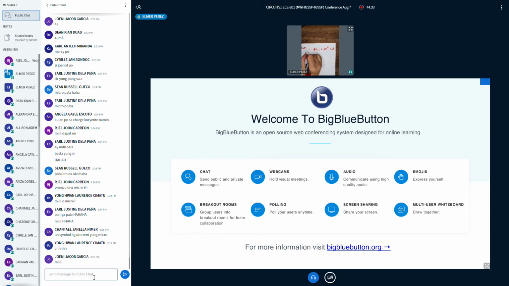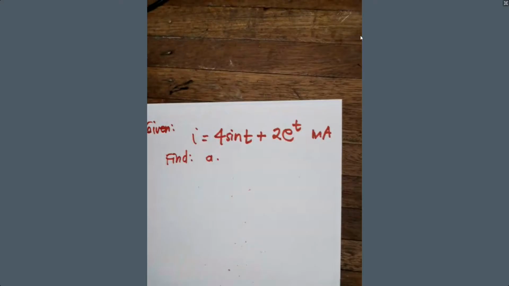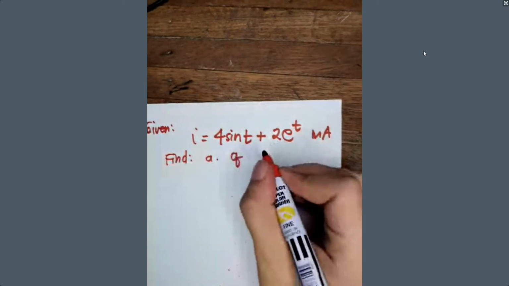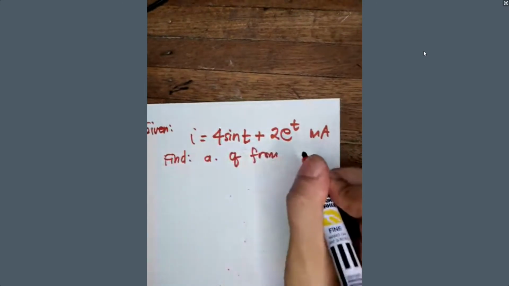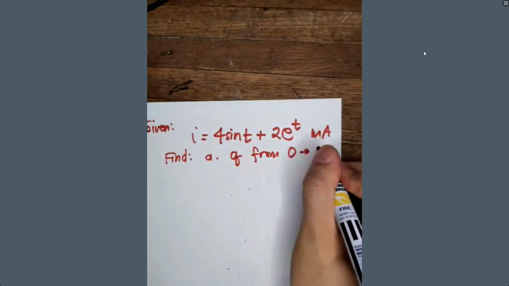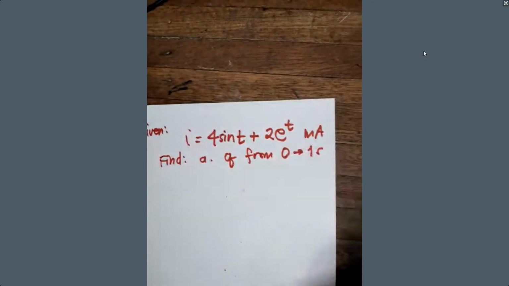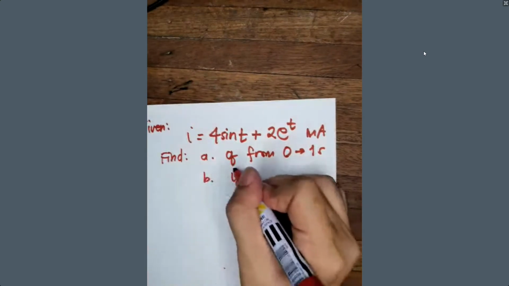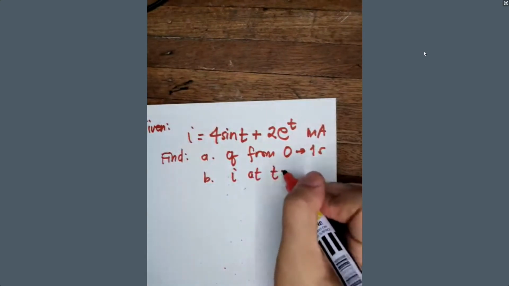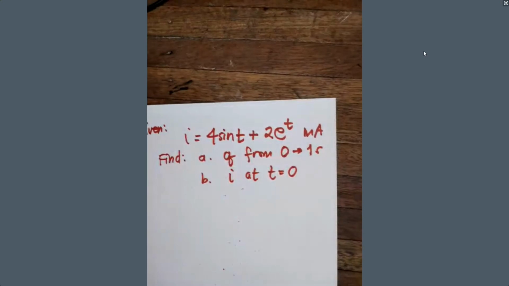Find A, Q from 0 to 1 second. B, I at t is equal to 0.